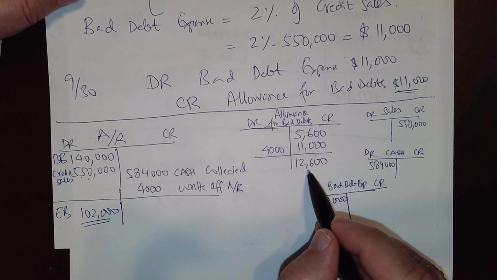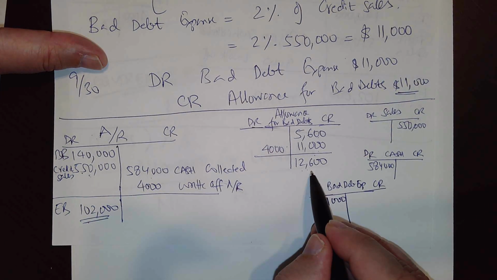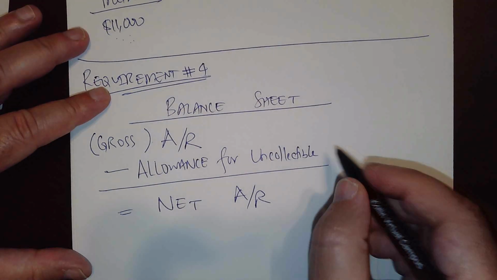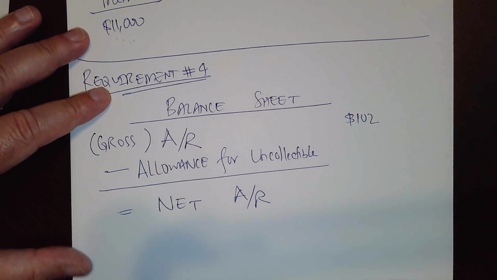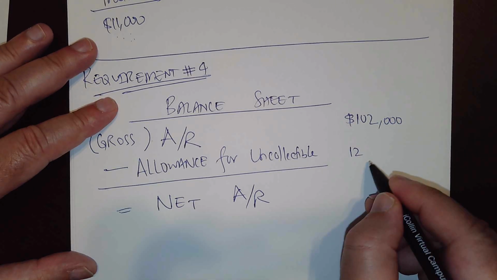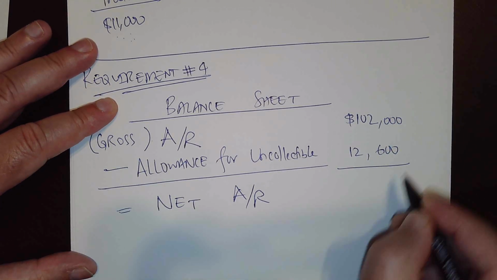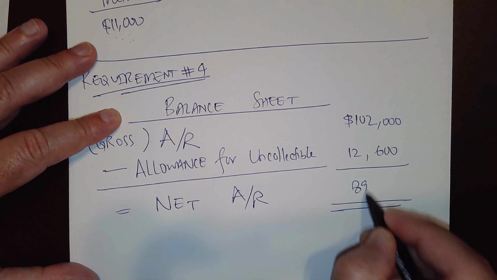We're going to use the ending balance of both this accounts receivable and this allowance to show what we actually have. Accounts receivable we have 102,000, and the allowance we have is 12,600. So the net accounts receivable turns out to be 89,400.